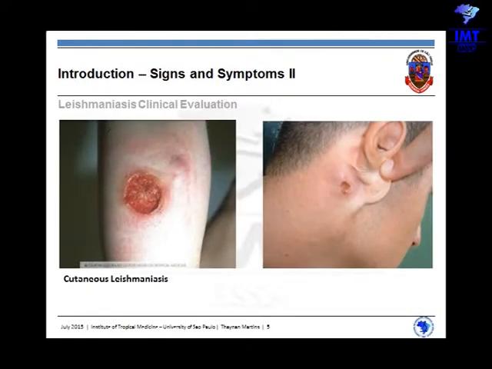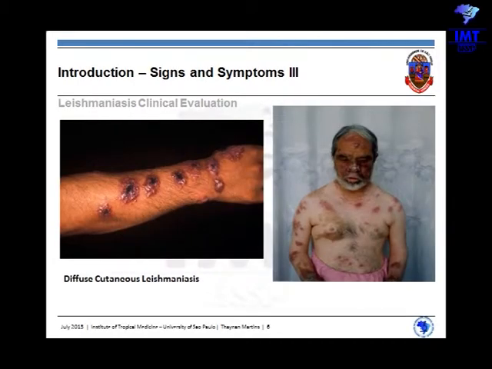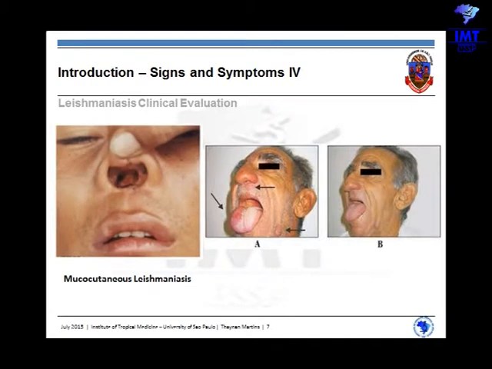Here is a classical sore of Leishmaniasis. It starts after a couple of weeks, around the sandfly bite, and it looks like this. This is the diffuse form. It's pretty ugly to see, and it's also bad for treatment because it's difficult to treat.